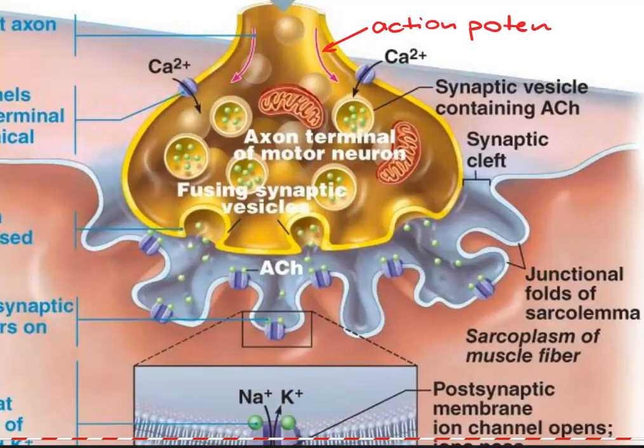That action potential opens voltage-gated channels that let calcium in, which results in the release of neurotransmitter acetylcholine into the synaptic cleft. This neurotransmitter diffuses across the cleft and binds.